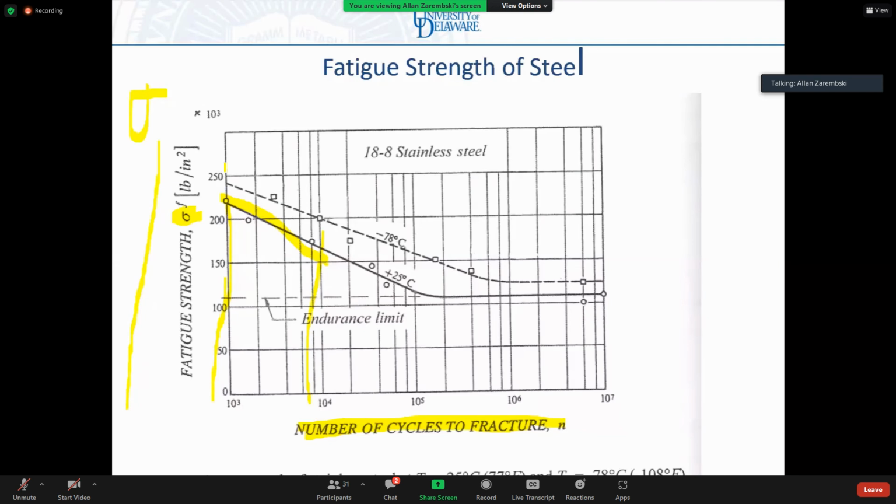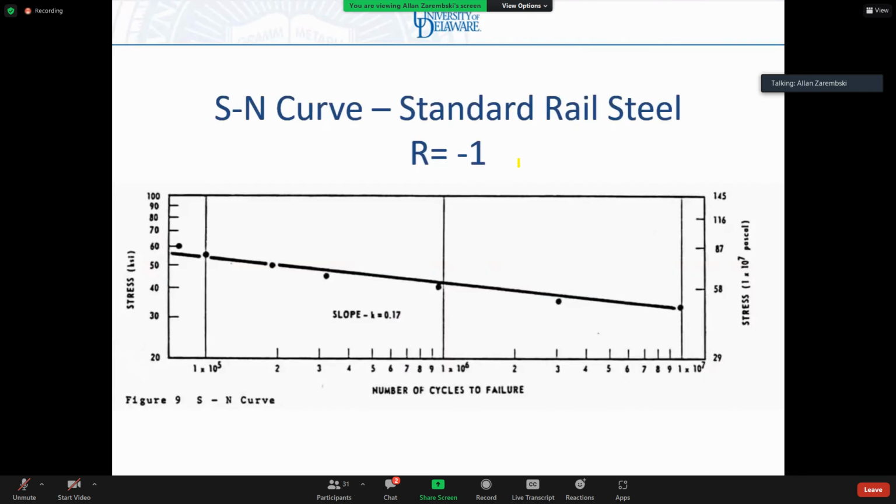Let's go and do a rail steel one that has metric units as well. So in this particular case, at about 700 megapascals, you're looking at about 100,000 cycles to failure.